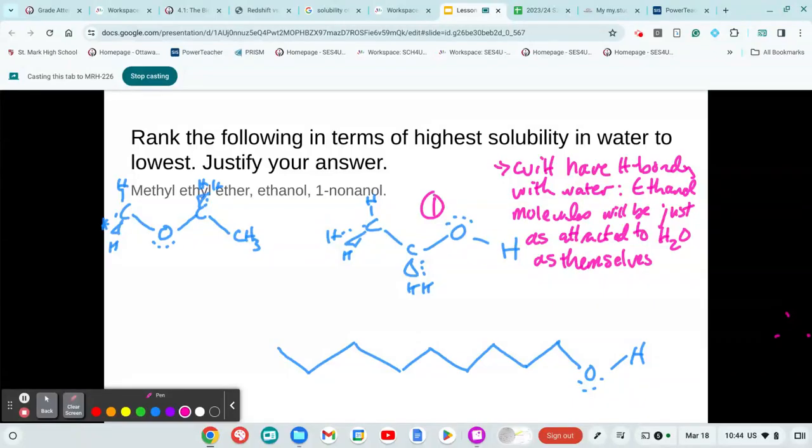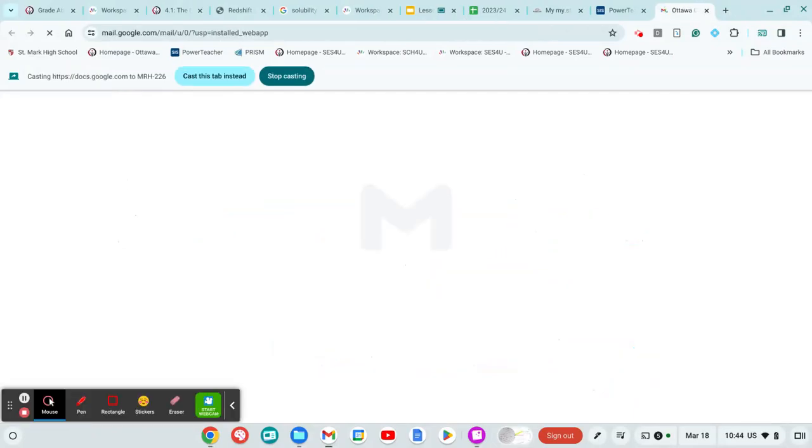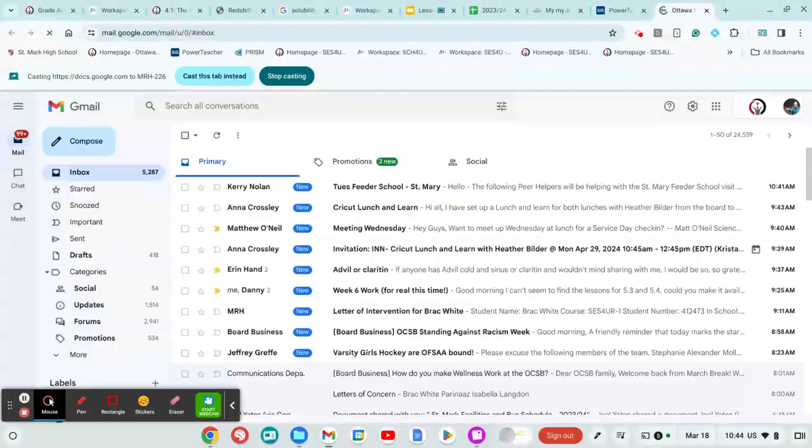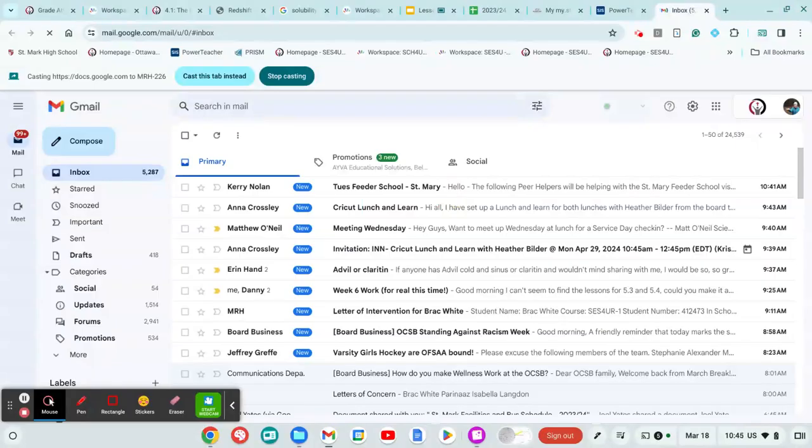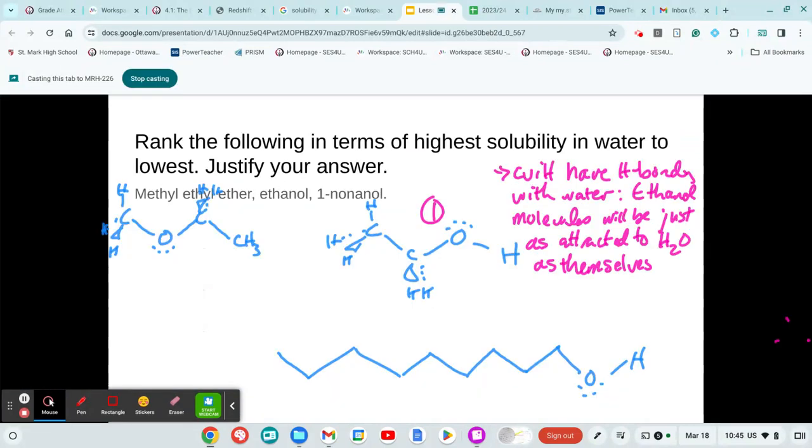Yeah. So I know that that oxygen in the center is a little bit negative. That would be attracted to the partially positive bits on a water molecule. So it would be soluble in water. Then I'm going to compare with this one. The nonenal has this chunk over here on the right-hand side that's very polar.